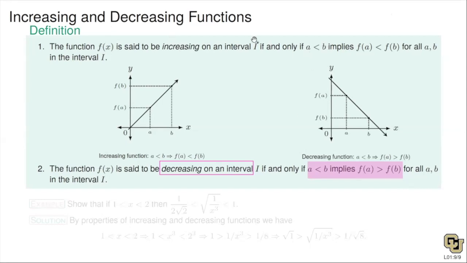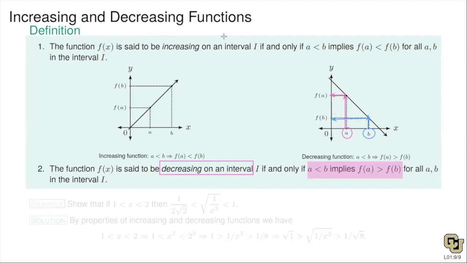So now let's check the definition. It says if A is less than B, so if little a here is to the left of B, which it is. Now let's follow the output. Then f of A, so let's look at f of A here. So I go up here, and then I cut across. So here's f of A. And here, let's follow f of B. So here I go up to the function, and then over here.